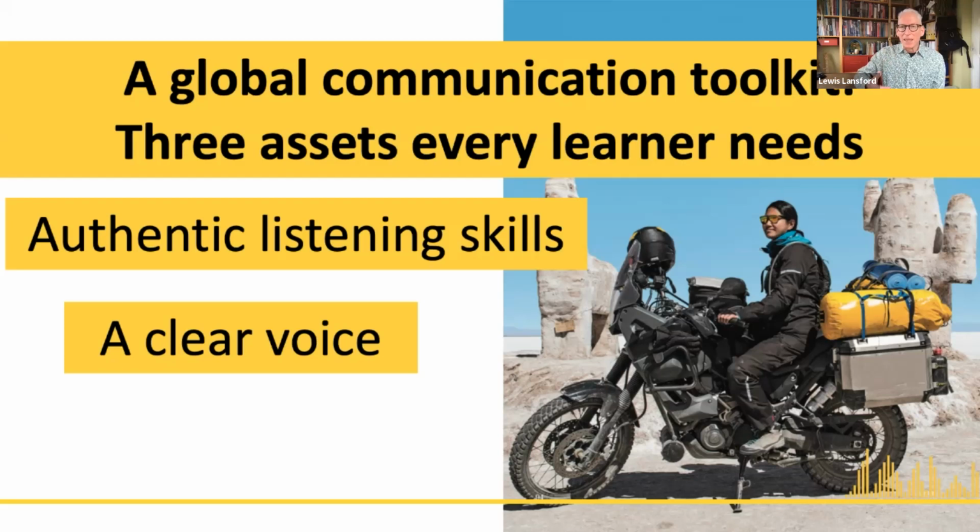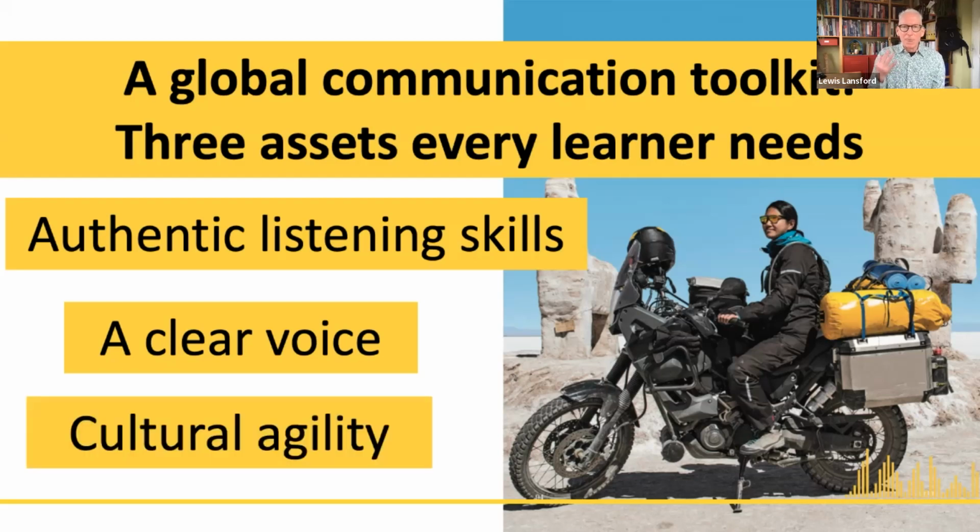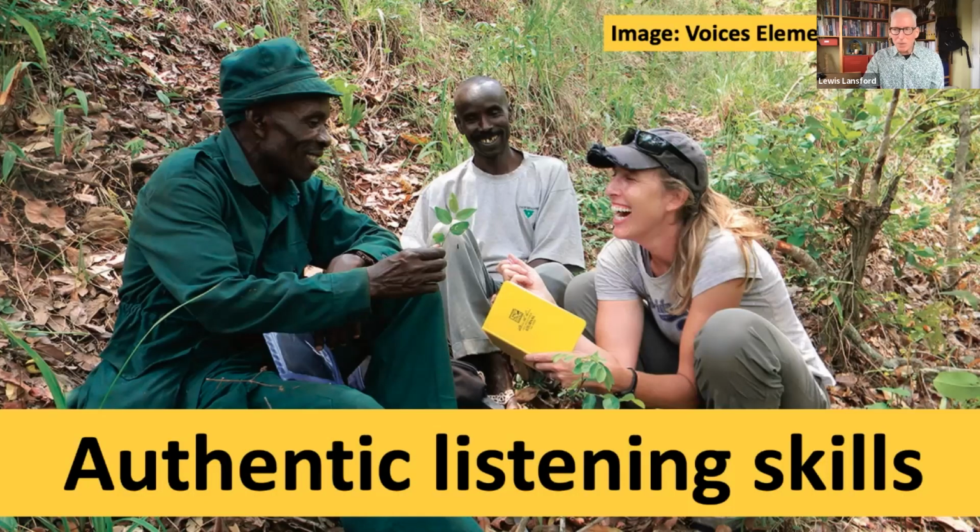I'll have to explain that one a little more, but we'll talk about the qualities learners need to communicate clearly, to speak clearly. And then the third tool or asset or area of skills is what I call cultural agility. So we'll unpack that. So that's the outline for the next 50 minutes.